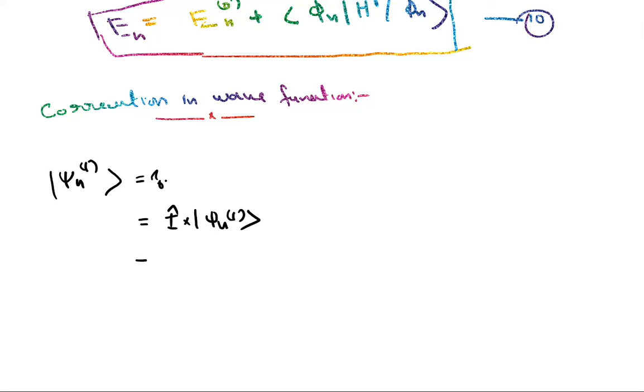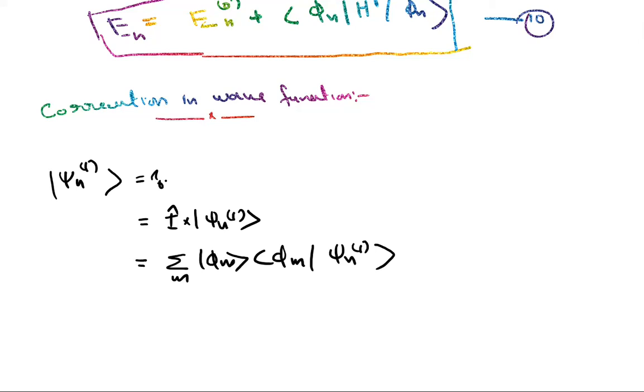You have seen this method several times. It is nothing but sigma over m of |φm⟩⟨φm|ψn1⟩. Now this becomes just like the coefficient of this particular eigenvector.